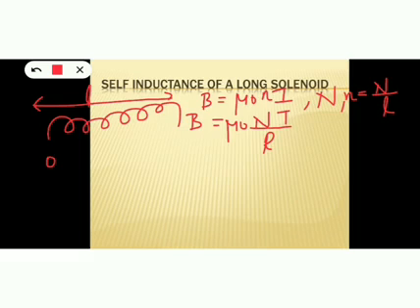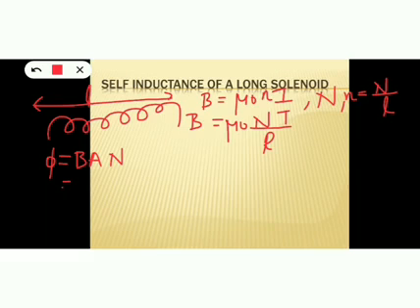We know magnetic flux phi is equal to B dot A. Here theta is 0, so B dot A can be considered as BA cos 0, that is BA. And if you consider the total number of turns, the magnetic flux can be written as phi is equal to BA into N. That means we should consider the number of turns too. So here total flux phi is equal to BAN.